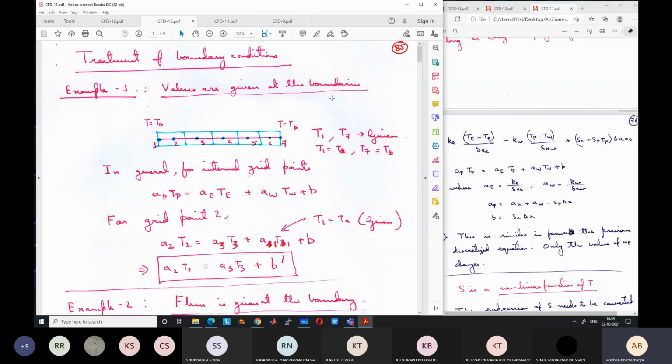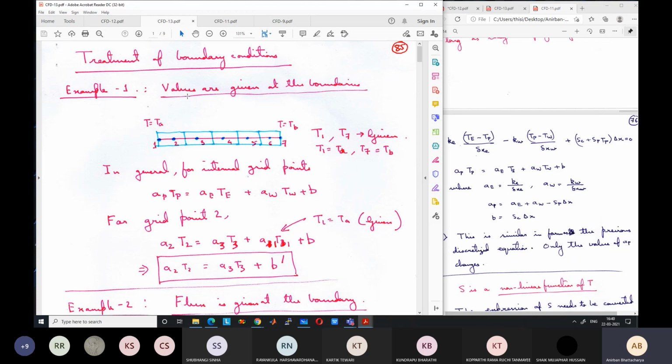What about the boundary grid points? How will we treat them? Let us think of a few situations and see how to treat these boundary grid points, or the grid points adjacent to the boundaries. For example, the first situation is that the temperature itself is given.